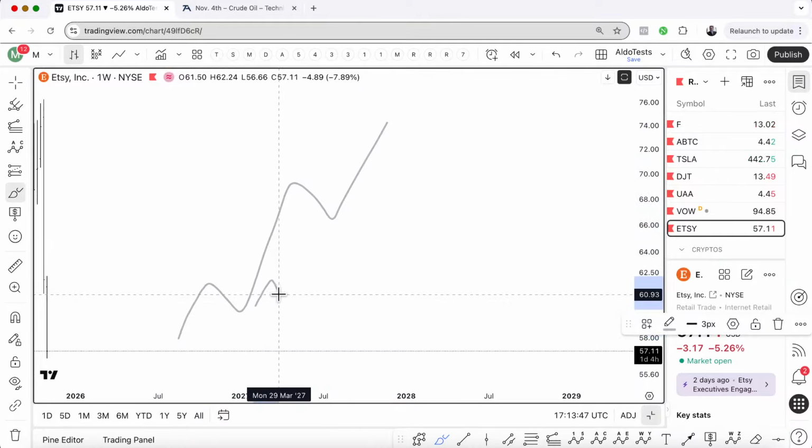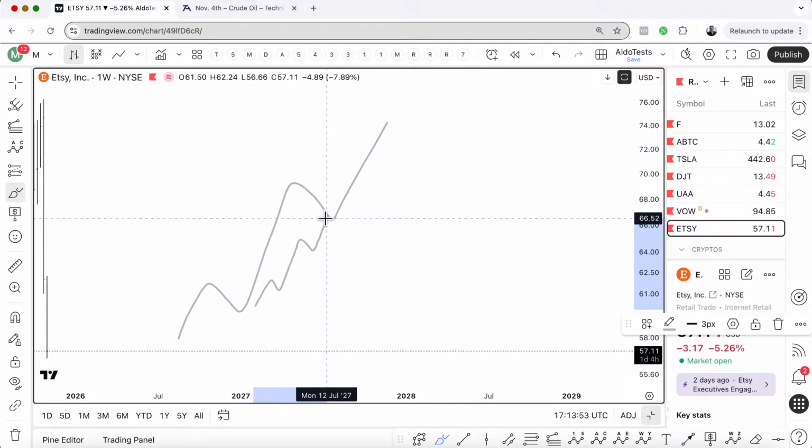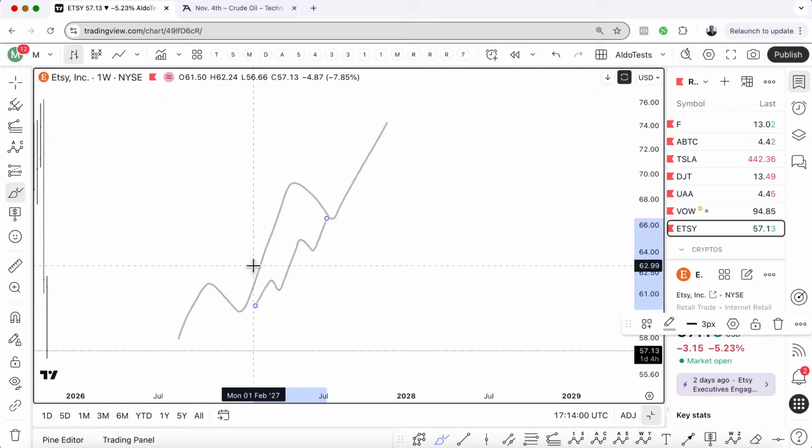Wave 2 can never travel more than 100% the distance traveled by wave 1, wave 3 can never be the shortest, and wave 4 can never end in the price territory of wave 1. This would be the extension. And the extension within the extension must follow the same rules. Wave 2 can never, and so on.